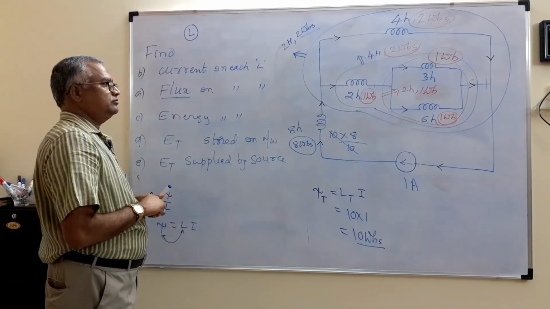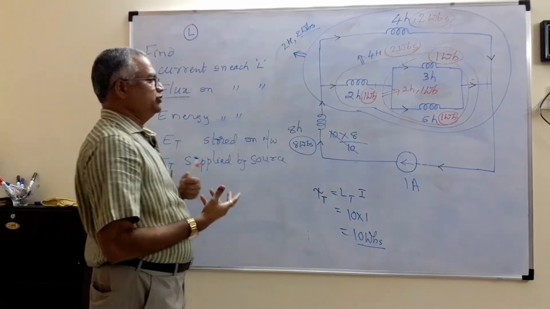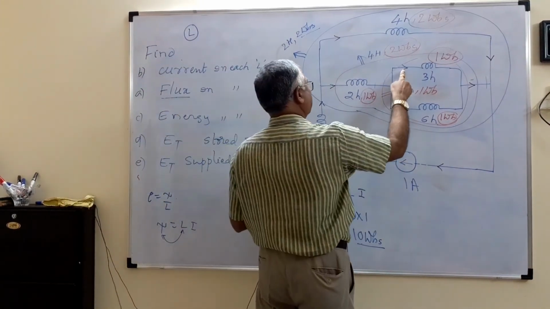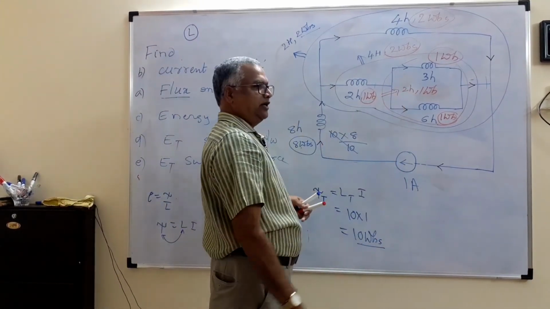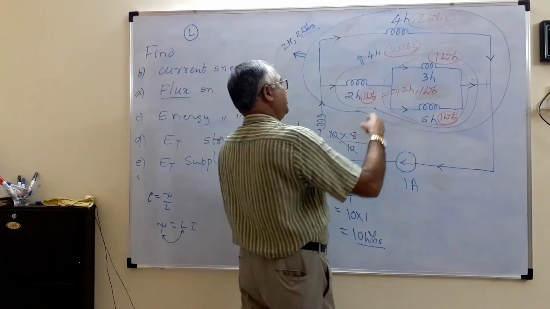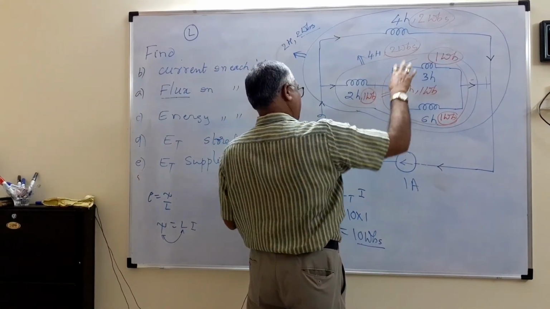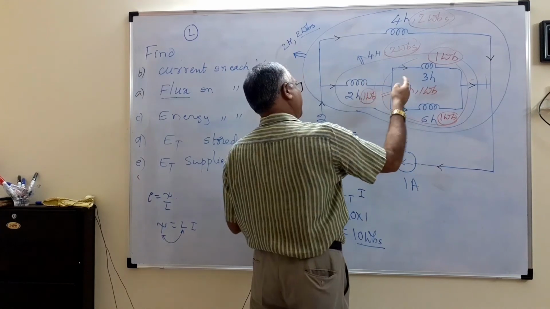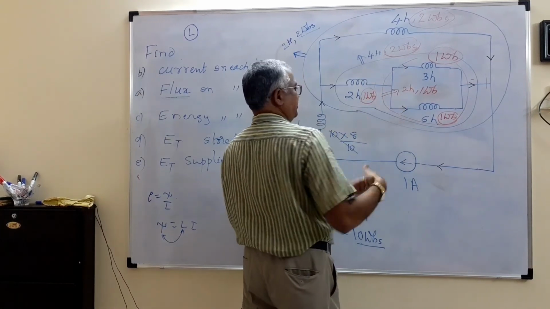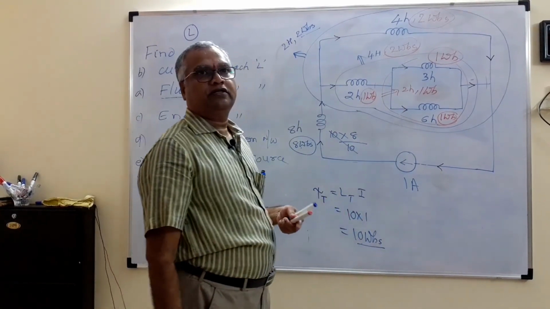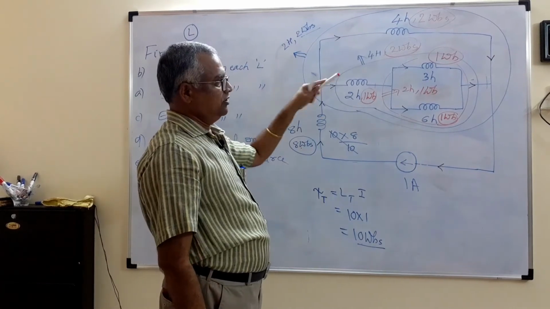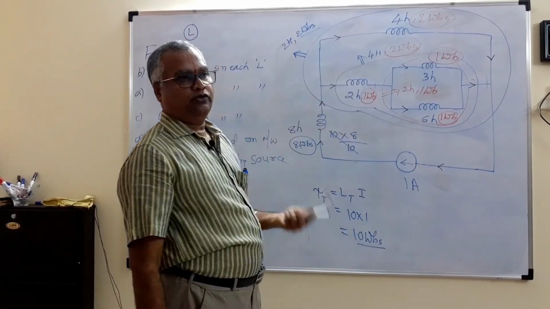If it is confusing when the source is here and you are not getting answers, it means you are not confident. Try until you get the correct answer. Because of so many mistakes, repeat again, keeping the source here. Keep moving the source and doing it until you are confident.